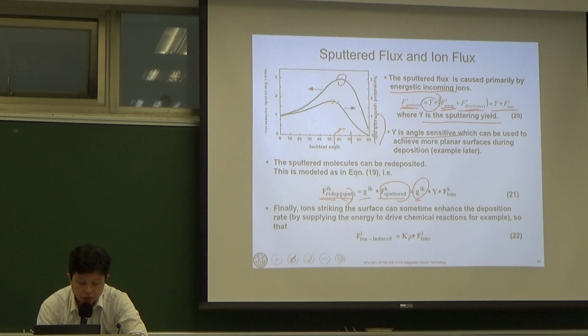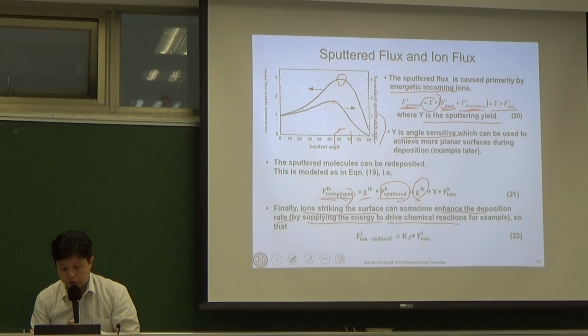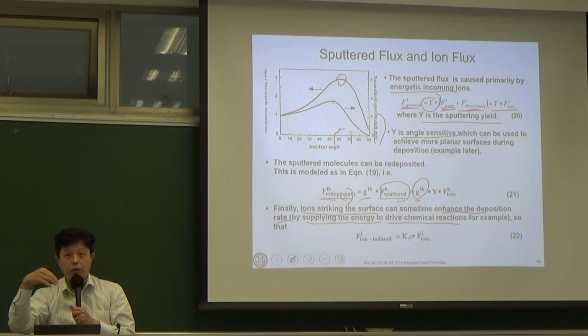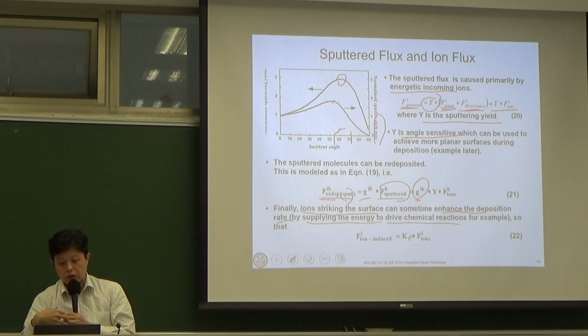And finally, we have one term, we call it ion enhanced or ion induced. So when we have ions striking on the surface, sometimes they can enhance the deposition rate. They can supply the energy to drive the chemical reactions. Because the ion provides more energy, it can give energy to the surface reactions.